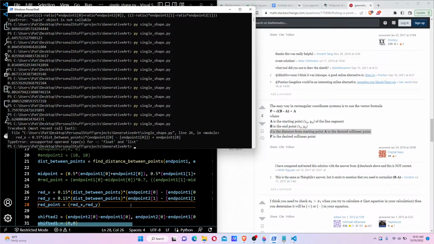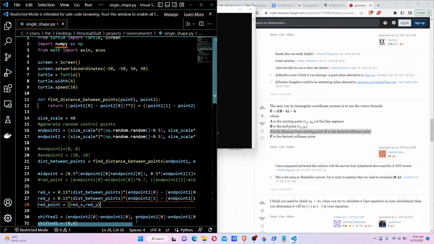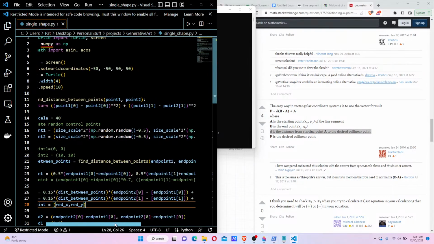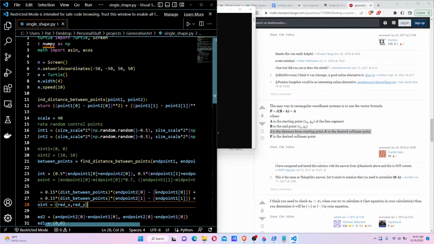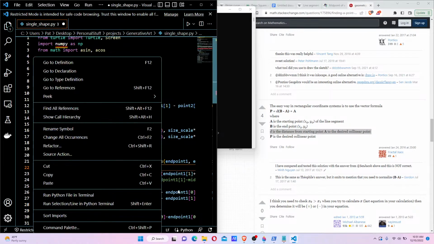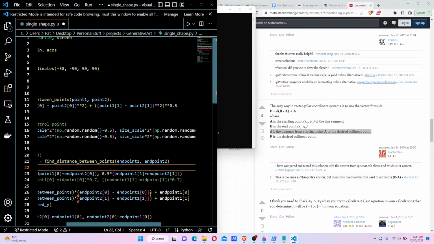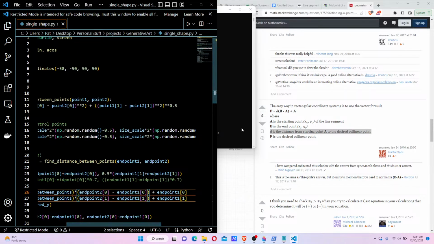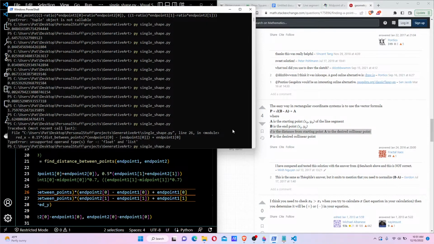Unsupported types for float and list. Oh. That was not supposed to be a bracket. Okay.